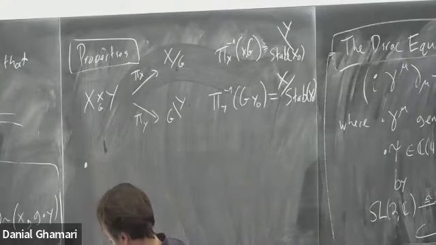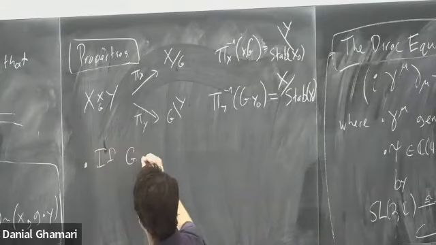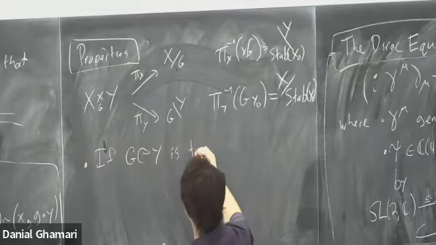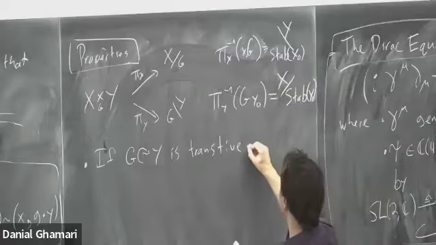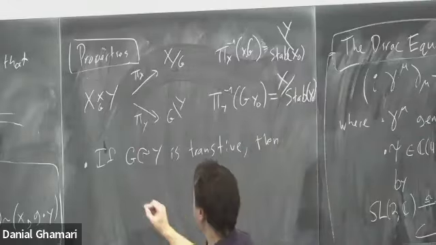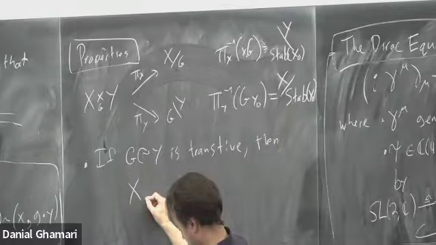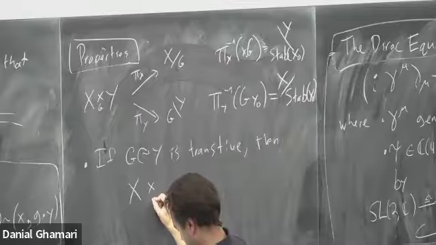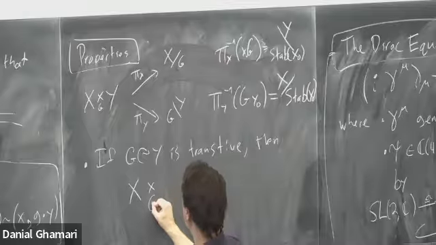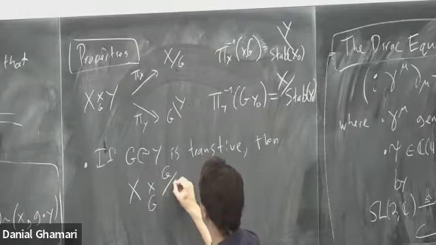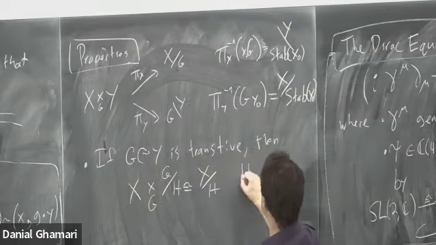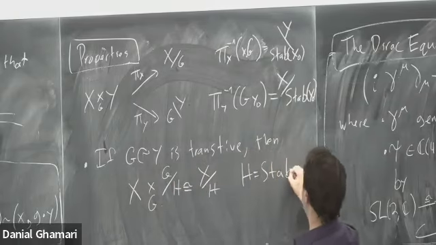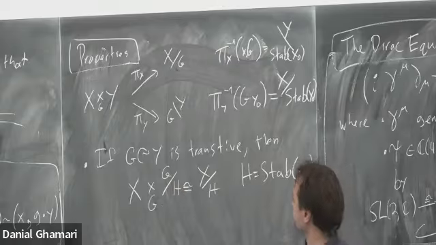So here are some consequences. If the action of G on Y is transitive, every action decomposes into a union of transitive actions. Then the result is that X cross over G, G mod H, is X mod H, where H is the stabilizer of any element of Y, because it's a transitive action, they're all the same.